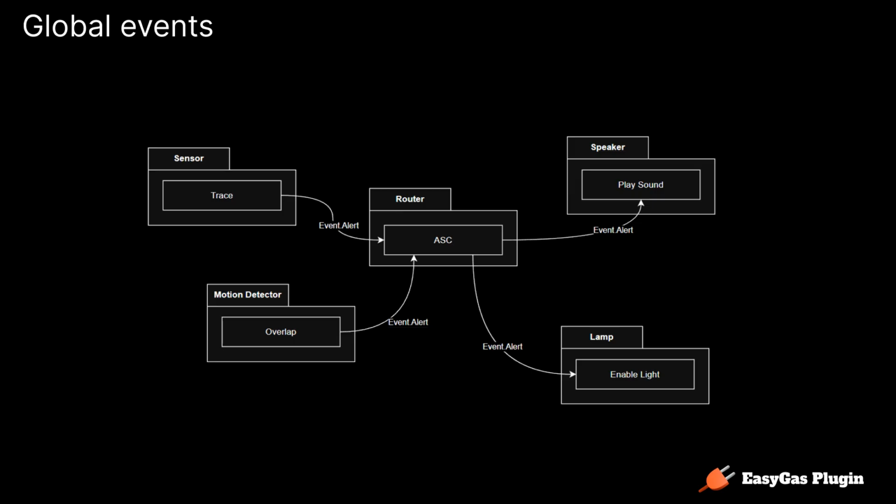Various signaling devices like lights, sound alarm, police call system, etc. subscribe to the event alert. Each sensor, such as a motion detector or sound detector, sends an event alert to the router when triggered, and this allows us to scale the system indefinitely by connecting new devices to the router.